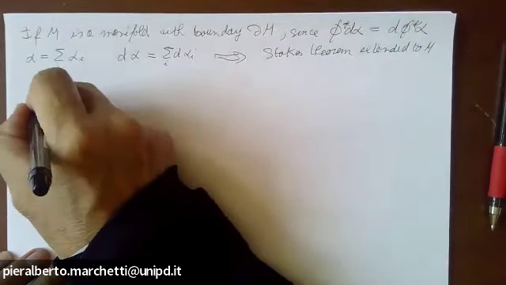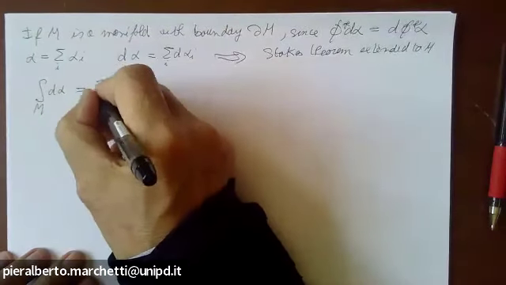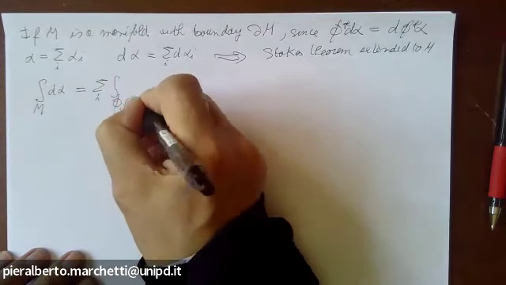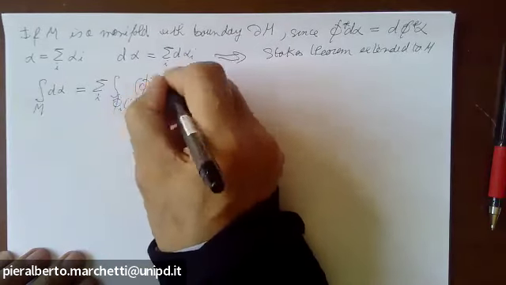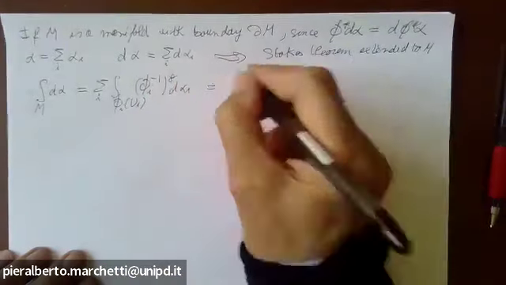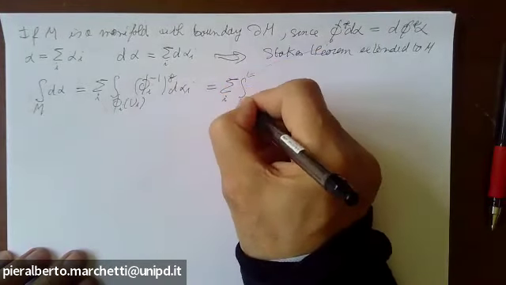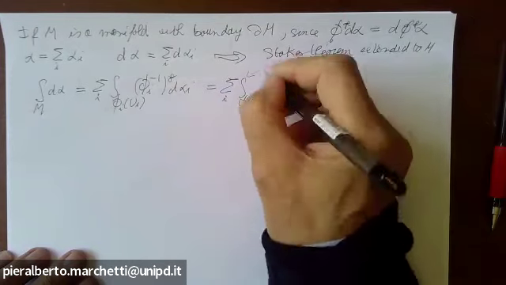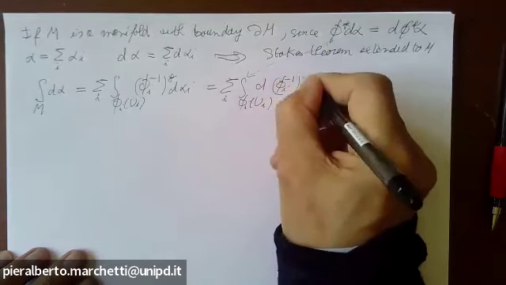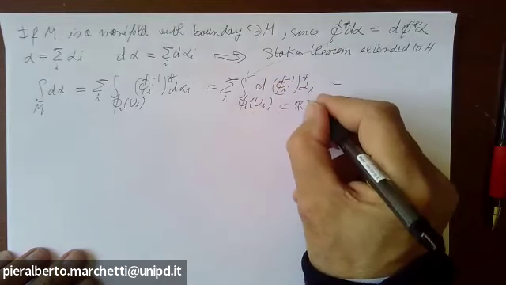Suppose you integrate d alpha over M. By definition, this is the sum over I, integral over phi I of ui of phi I inverse pullback of d alpha I. But according to this rule here, you can also write this as the sum over I of the integral over phi I of ui of the exterior derivative d of phi I minus 1 pullback of alpha I. But now this is contained in Rp.